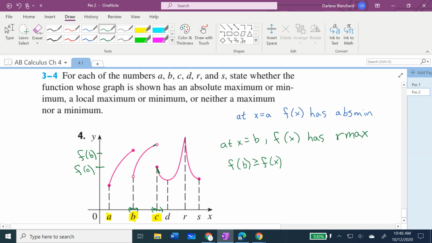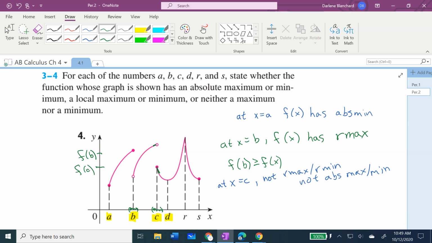As to why in this case, at x equals C, you do not have a relative extrema. And it's not an absolute either. None of them.